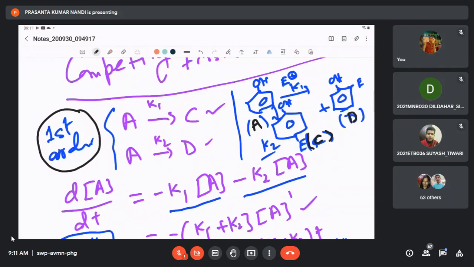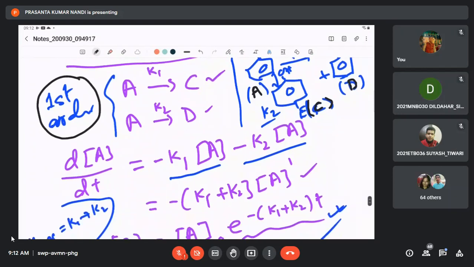K1A means the rate of consumption of A in the first step, and K2A the rate of consumption of A in the second step.